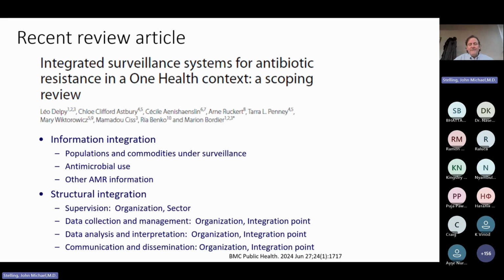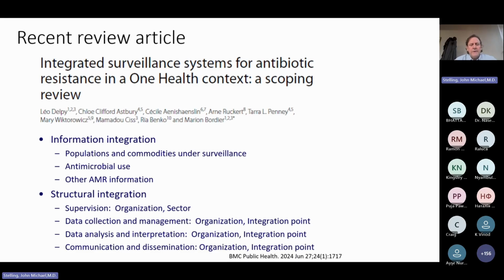So one of the things they did in that is a presentation on integrated surveillance systems. And I found this valuable article published in 2024, the reference is down below, where they tried to see what is available. What are some models and what are the challenges and success stories for national integrated surveillance programs?